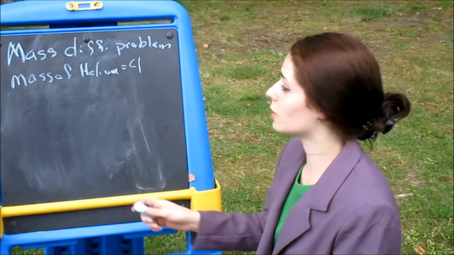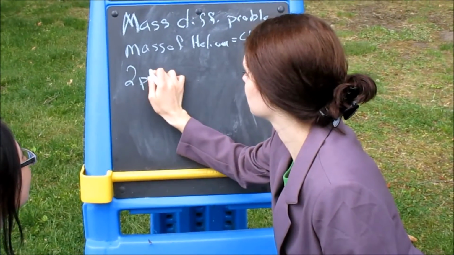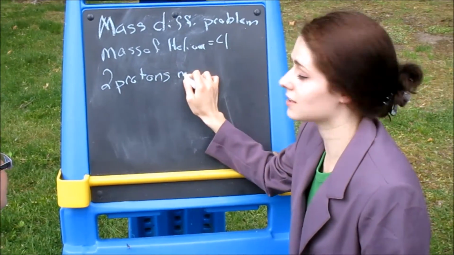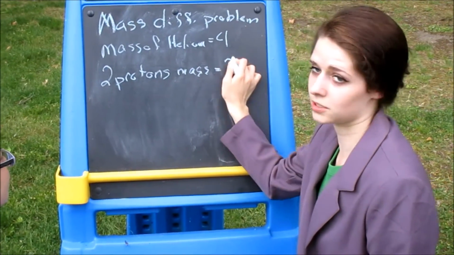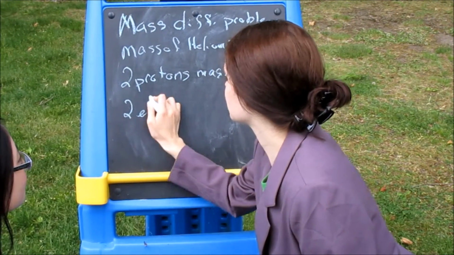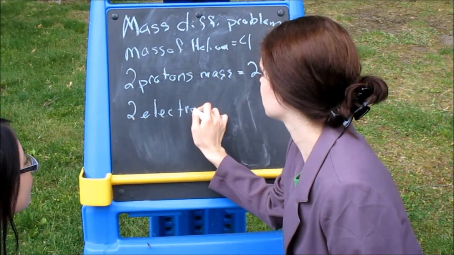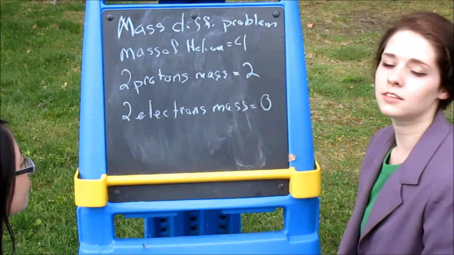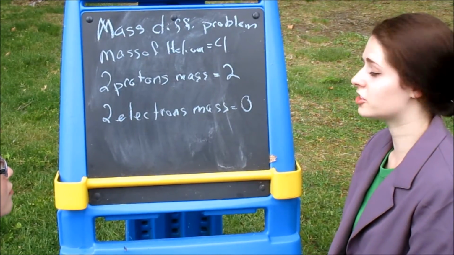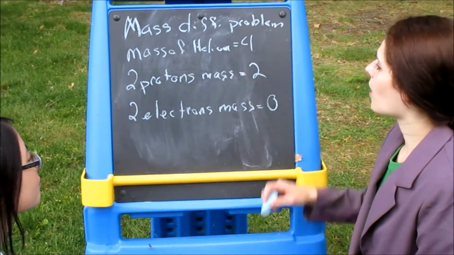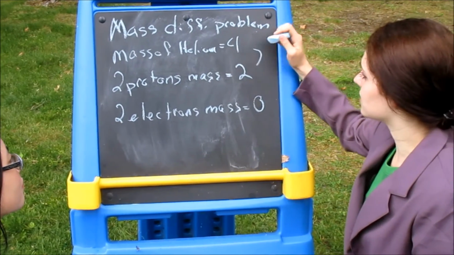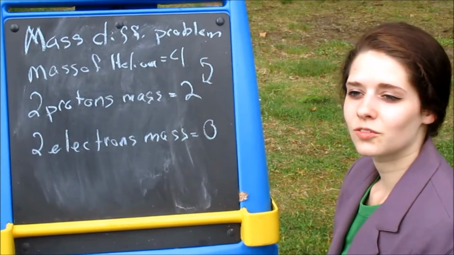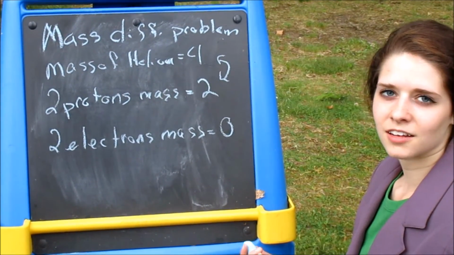It has 2 protons, with the mass of that equaling 2. It has 2 electrons. The mass is not counting because the electron is so minuscule. So they have the problem with the difference of these 2 masses. So what they're trying to figure out is what else is in there that makes it so heavy.